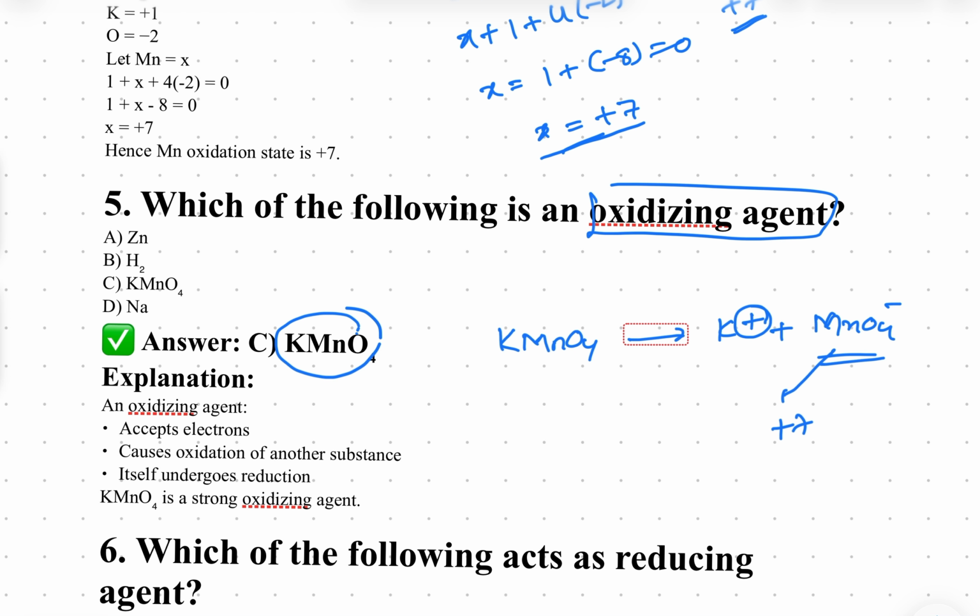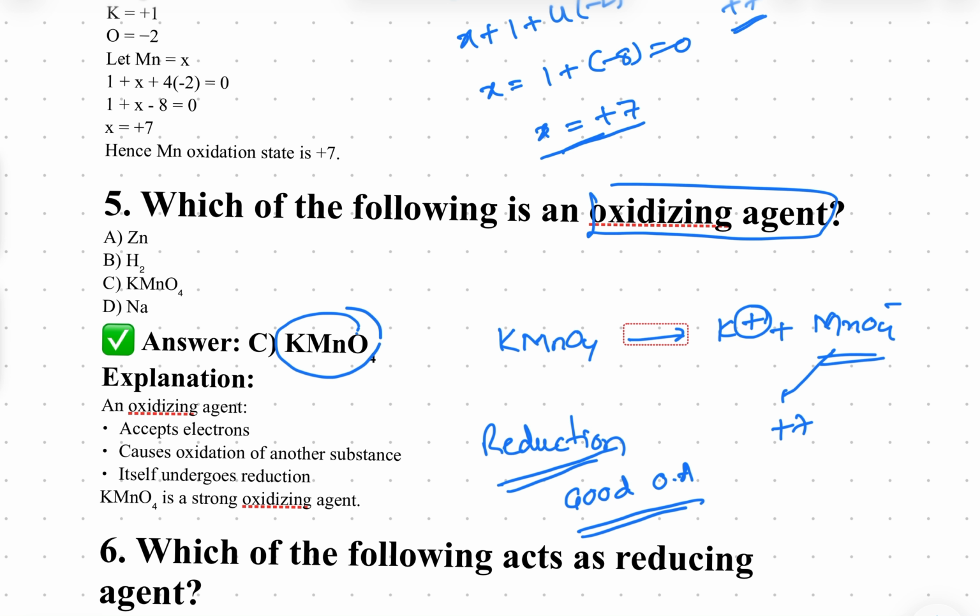Clear? So total oxidation state of this one is plus 7, this is plus 1. So after splitting into these two ions, it undergoes what? Reduction. Any compound that undergoes reduction is a good oxidizing agent.